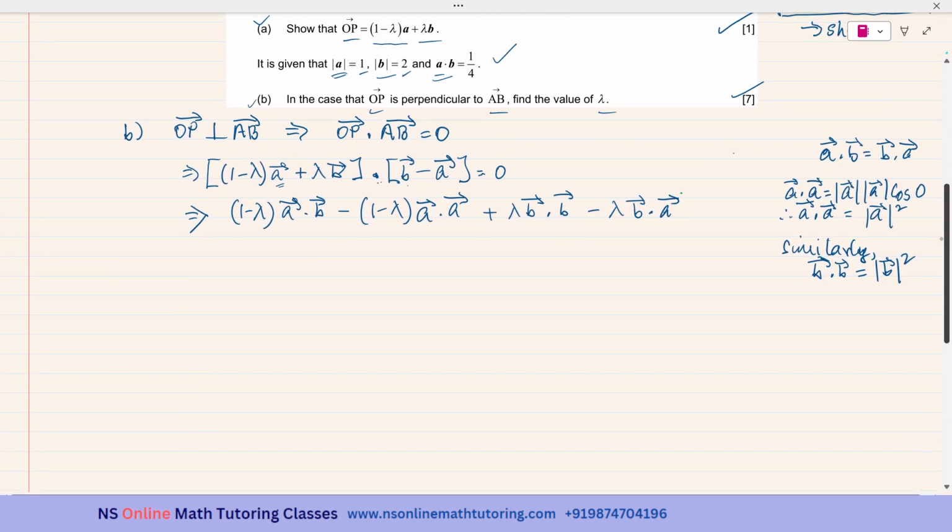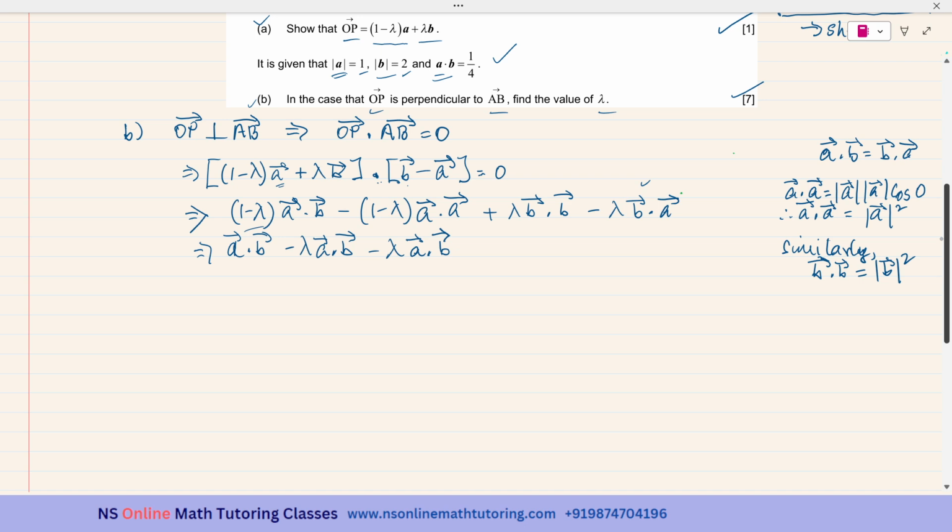So now let me just expand this part also. So this is 1 times A dot B. So I'm writing A dot B minus lambda times A dot B and there is another minus lambda times, it is B dot A, I'm writing A dot B. Okay.